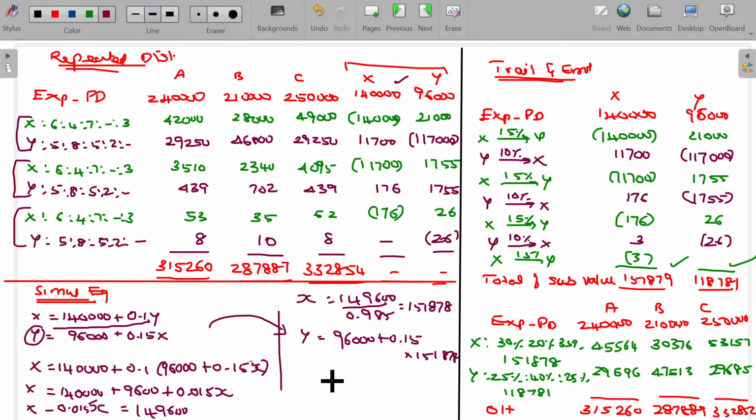Then what is the ultimate value? 1,18,782. So you get this value. After this, you have to rework this one. This is step number 1. This is step number 2. Step number 2 is common for trial and error method as well as simultaneous equation method.